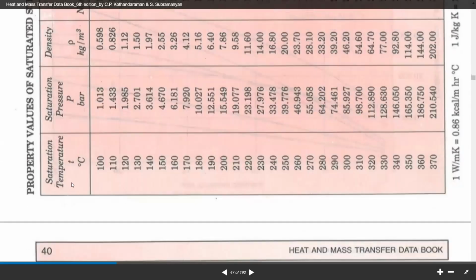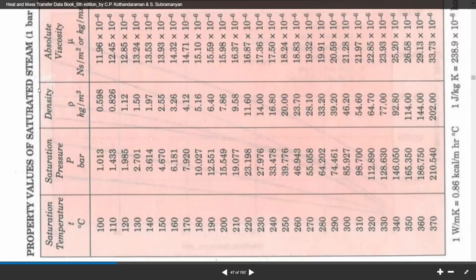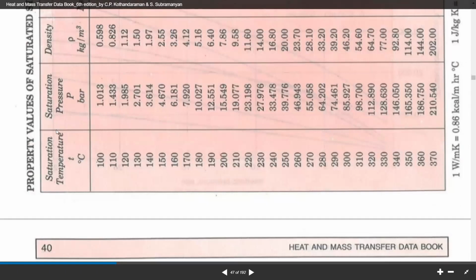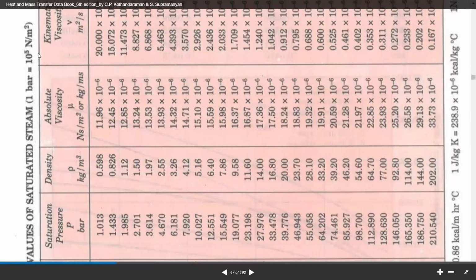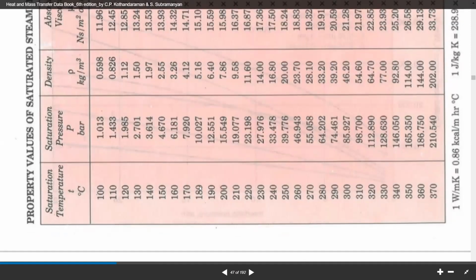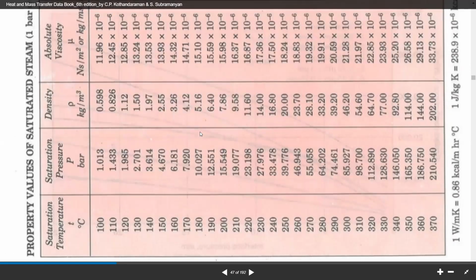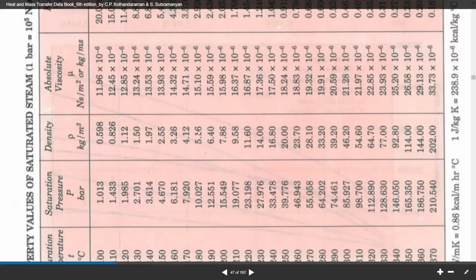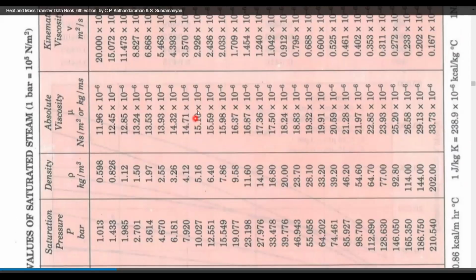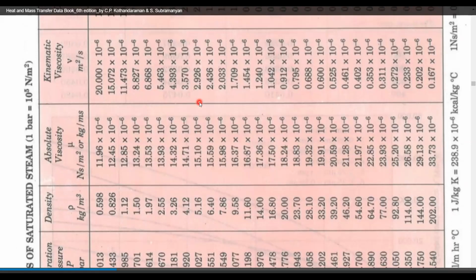On page number 39 are the property values of saturated steam. The mean temperature is 180 degrees centigrade. Pressure is not required, but density is required: density equals 5.16. The absolute viscosity mu_v is 15.10 times 10 to the power minus 6.